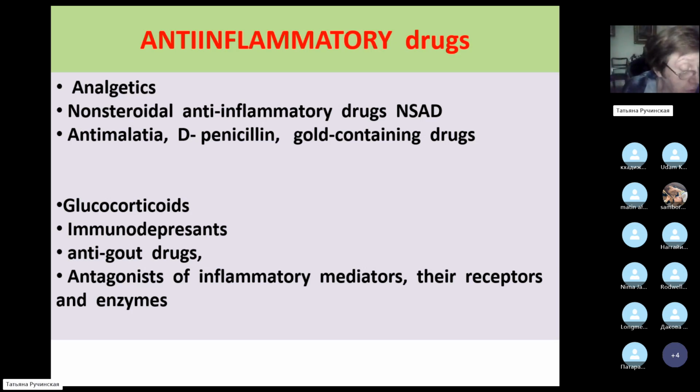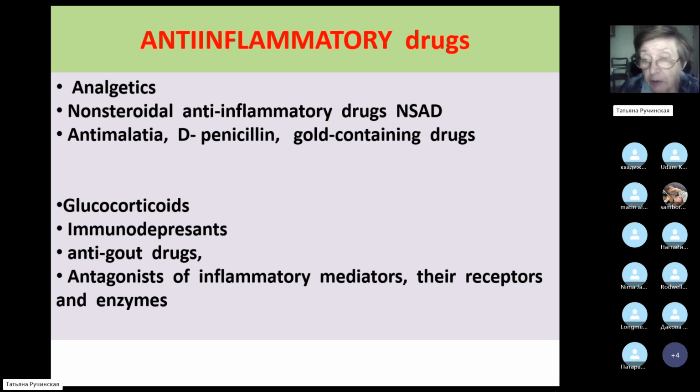Because for what do we investigate inflammation? We must know how to treat this disease. Now, at first, analgesics will decrease pain sensation.